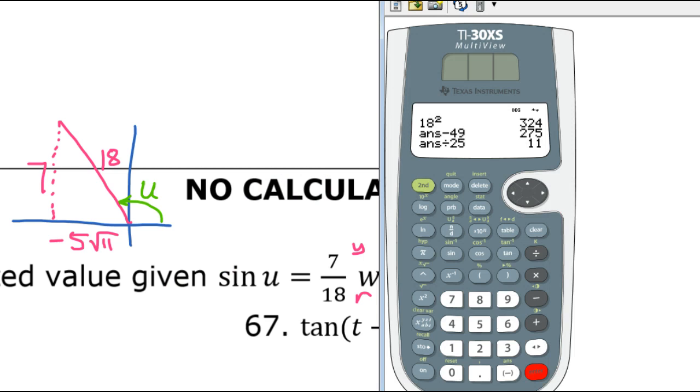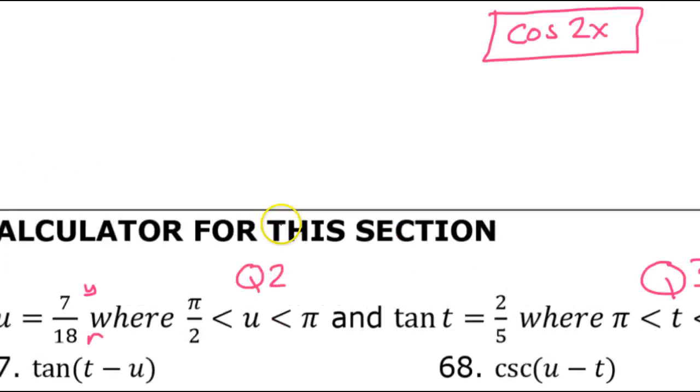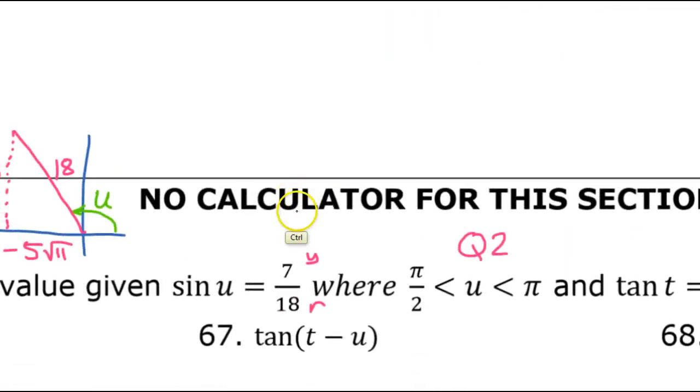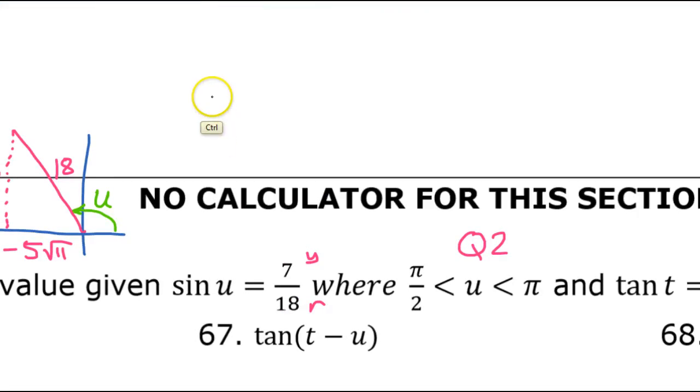We won't use any of the fancy skills of the TI-30 XS MultiView. So angle T is in the third quadrant, so we will go ahead and draw a little sketch in the third quadrant. So that's going to be like this right here. Okay, so here's my angle stretching into the third quadrant.